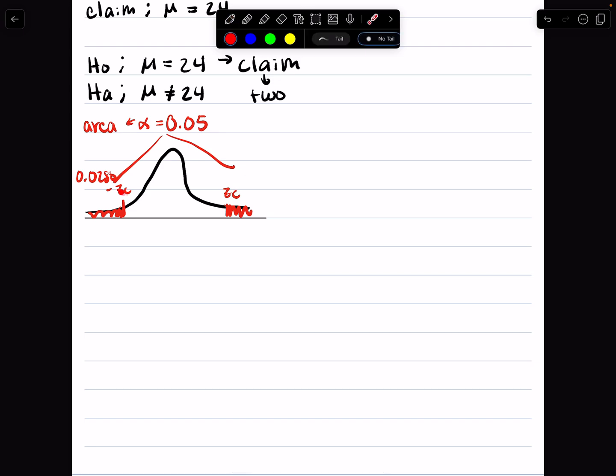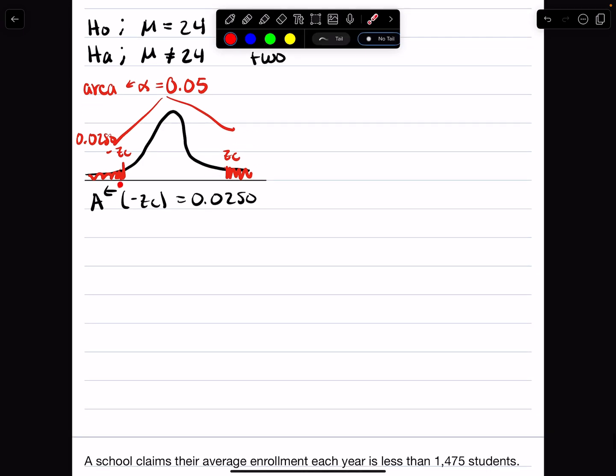Well, I make a note: the area to the left of our negative critical value is 0.0250. Now, why did I say this? Because if I have area to the left and a critical value, I should think, go to my chart. If you go to your chart, you will find the critical value that corresponds to 0.0250 is negative 1.96.